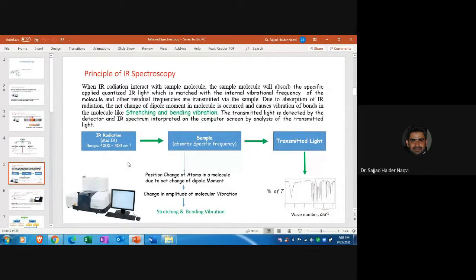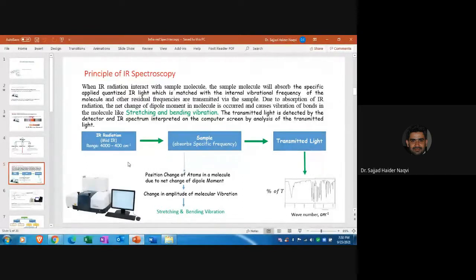As a result of that interaction, the sample molecule will absorb the specific applied quantized amount of the IR light. Now, why do we say that it is specific? Because depending upon the structure, the atomic arrangement, the number of the bonds, and the functional group, the sample will have different tendencies to absorb light. And that's how it gives you the idea that with the help of this technique, you can identify them.